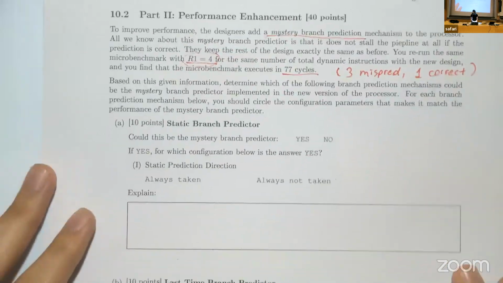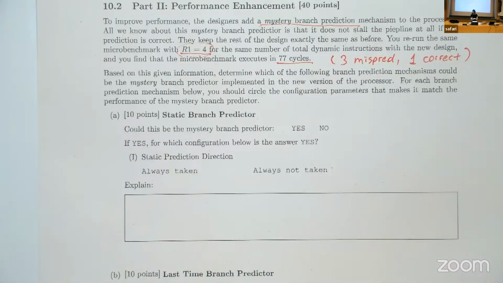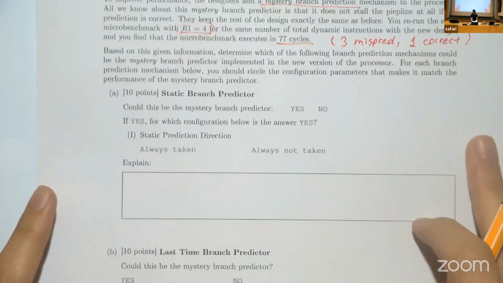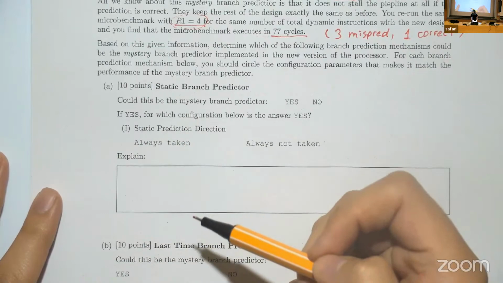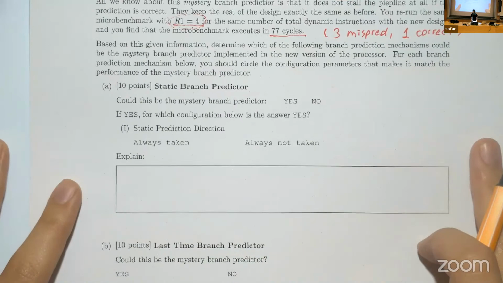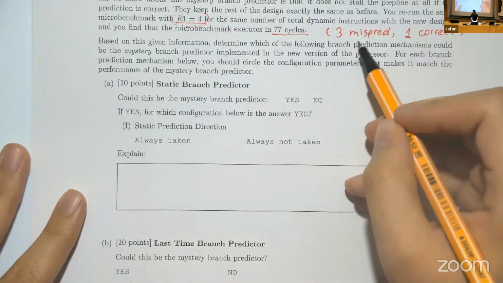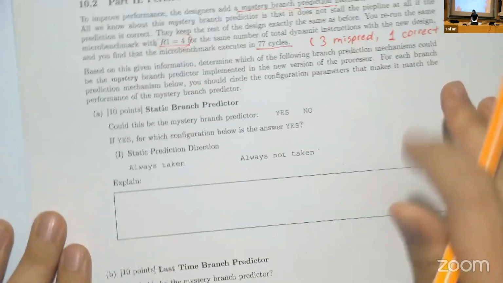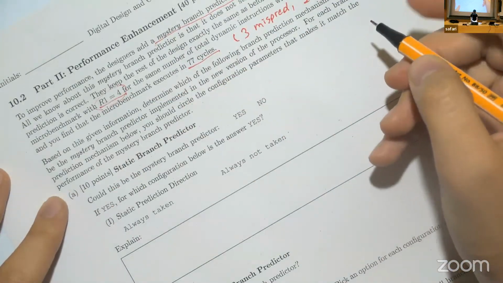In here, the question gives different predictor designs, and we are evaluating if it's possible to see this outcome with these different predictors. The first one is the static branch predictor, which is always taken or always not taken. The answer for this one is yes. Let's first write the outcome.